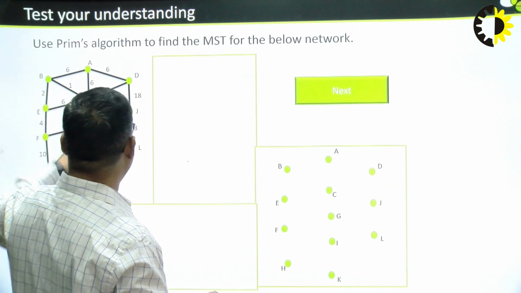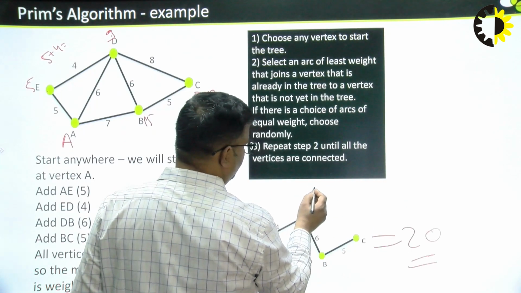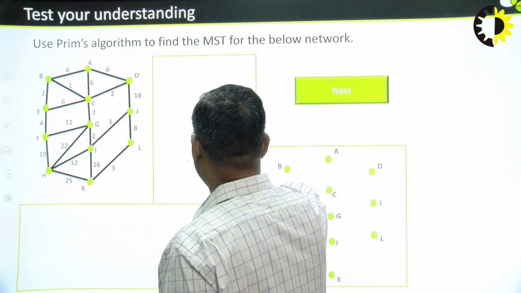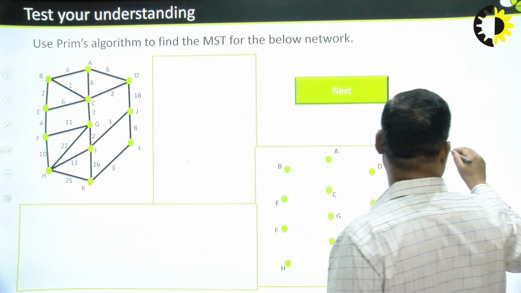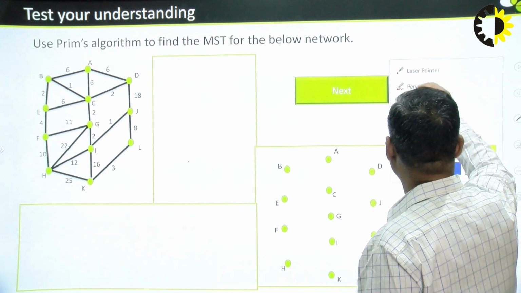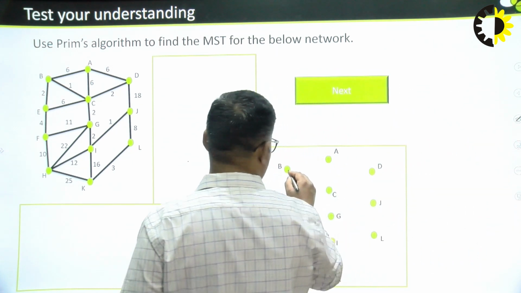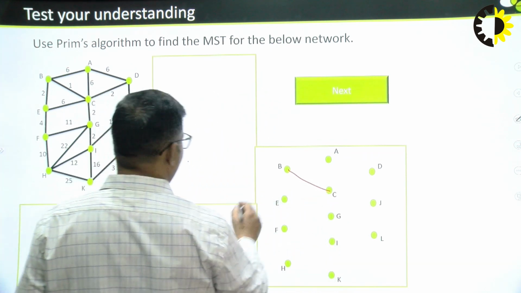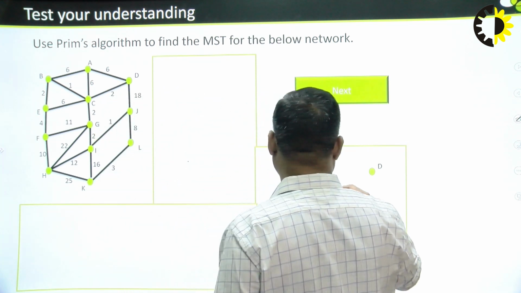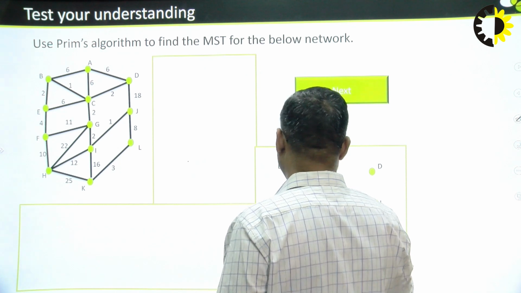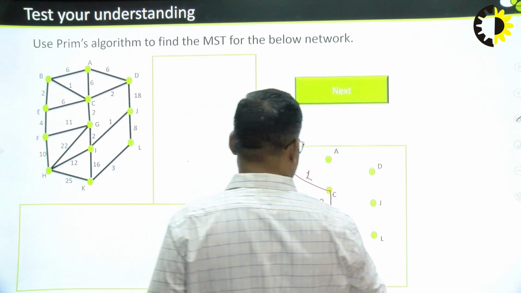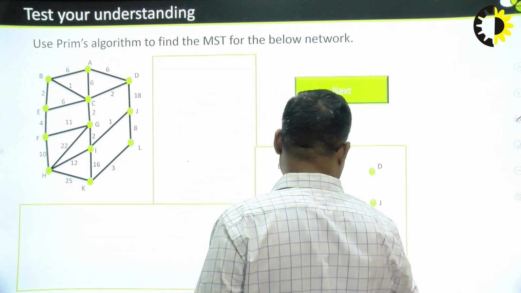Then here the arc is PB. This is BC, weight is 1. Then again 2, then again 3, then again 1, 2.